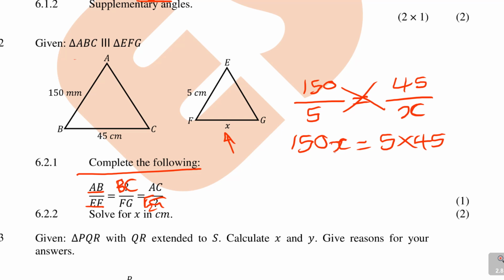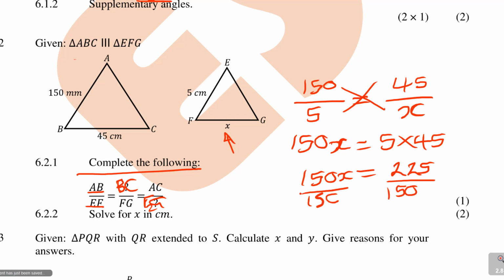You're going to work it out. So the 5 times 45 is going to be 225. And then X is going to be 225 over 150. So you divide by 150, so X is equal to what?